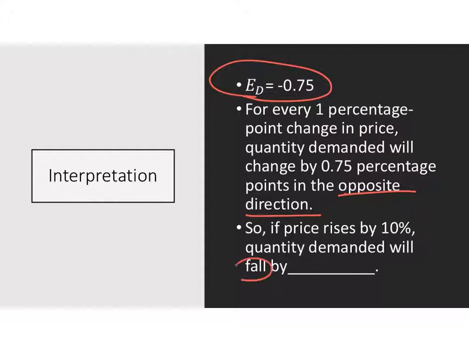We know it will fall. That's the negative relationship that demand represents. Quantity demanded will fall by how much? It will fall by 10% times our elasticity statistic, 0.75. So quantity demanded will fall by 7.5%.